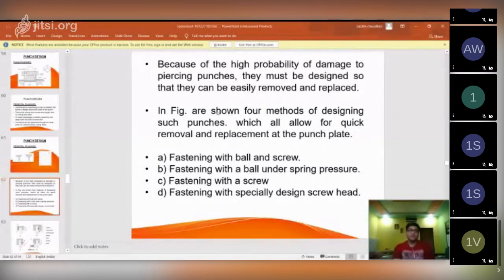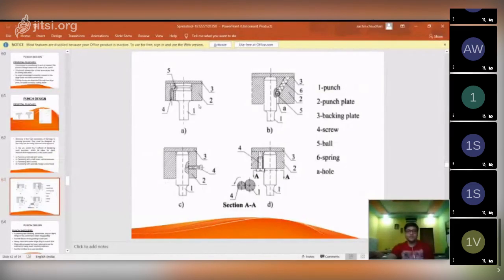How you can prevent that, we saw through fastening with four arrangements, and it is very easy to replace a broken punch. So these are the four arrangements we saw, and each has a different application or a different way to operate.